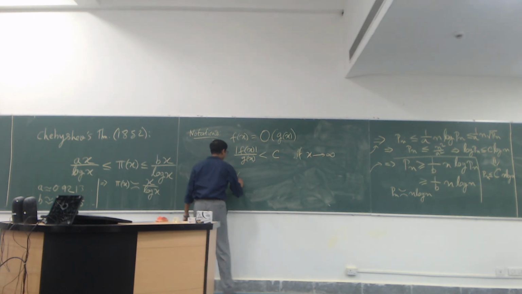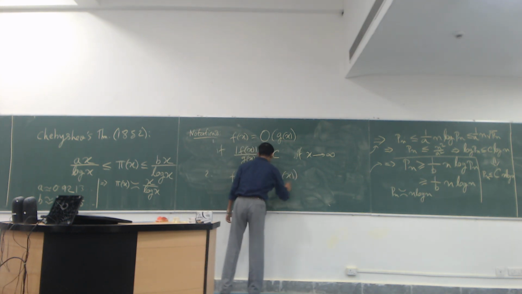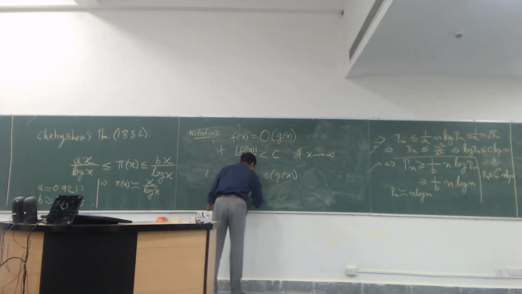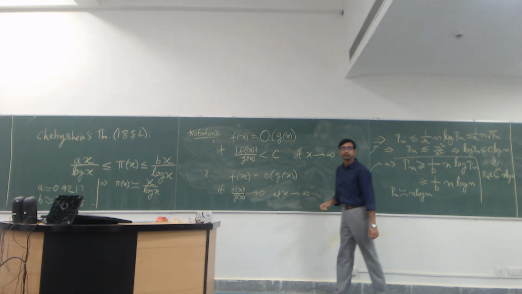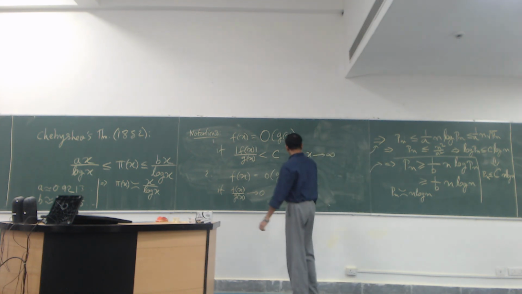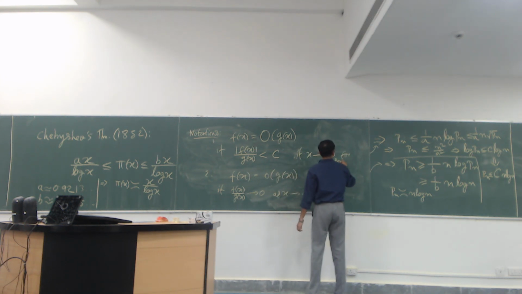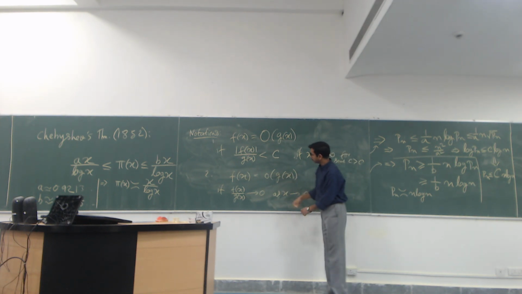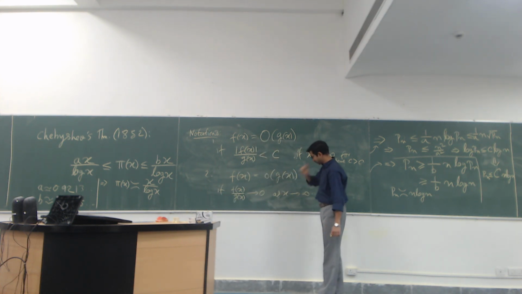The second thing is that f(x) is small o of g(x) if f(x) by g(x) goes to 0 as x goes to infinity. Here small o just means that if you take the ratio, it is not only bounded by something, it's going to 0.